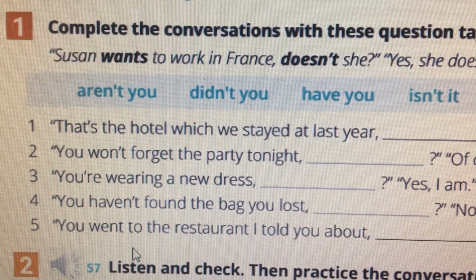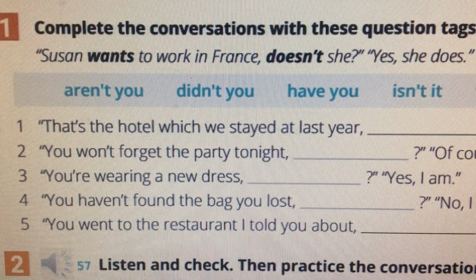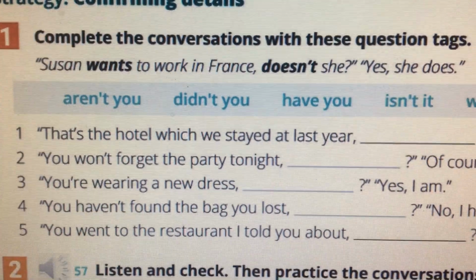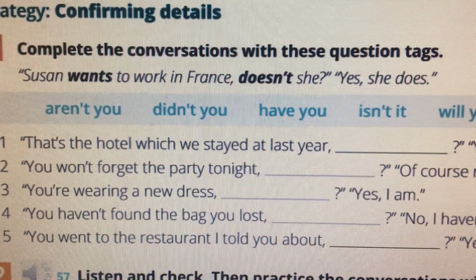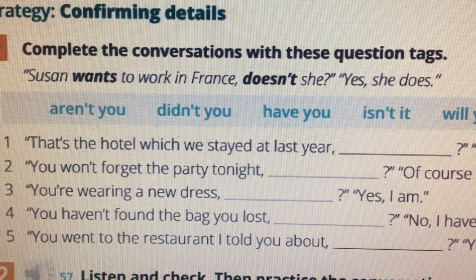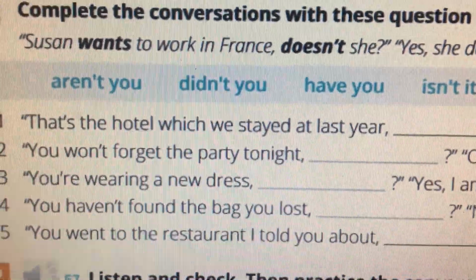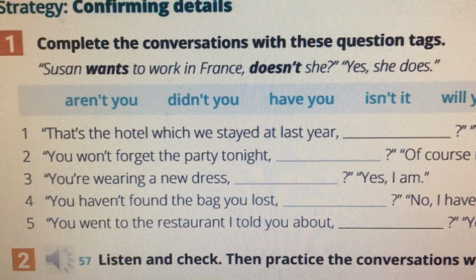Unit 7, page 45, strategy. 1. That's the hotel which we stayed at last year, isn't it? Yes, I think it is. 2. You won't forget the party tonight, will you? Of course not. 3.